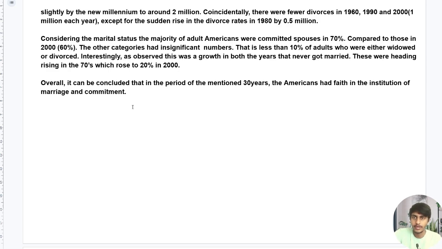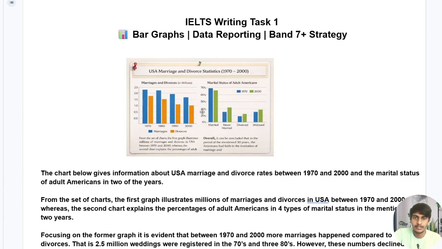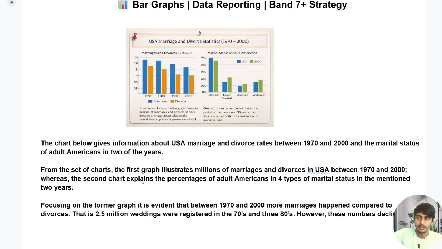So our bar graph data report is complete, and I am repeating the whole introduction and body paragraphs. The chart below gives information about USA marriage and divorce rates between 1970 and 2000, and the marital status of adult Americans in two of the years.